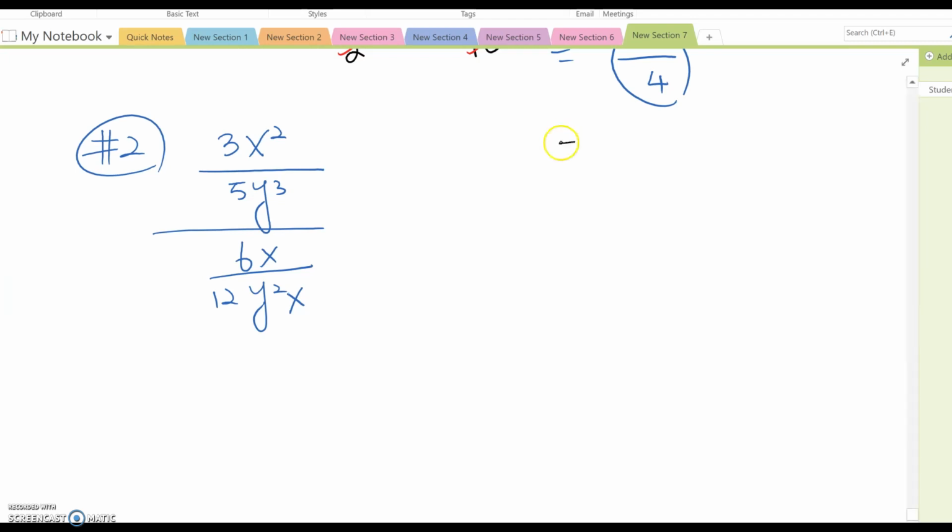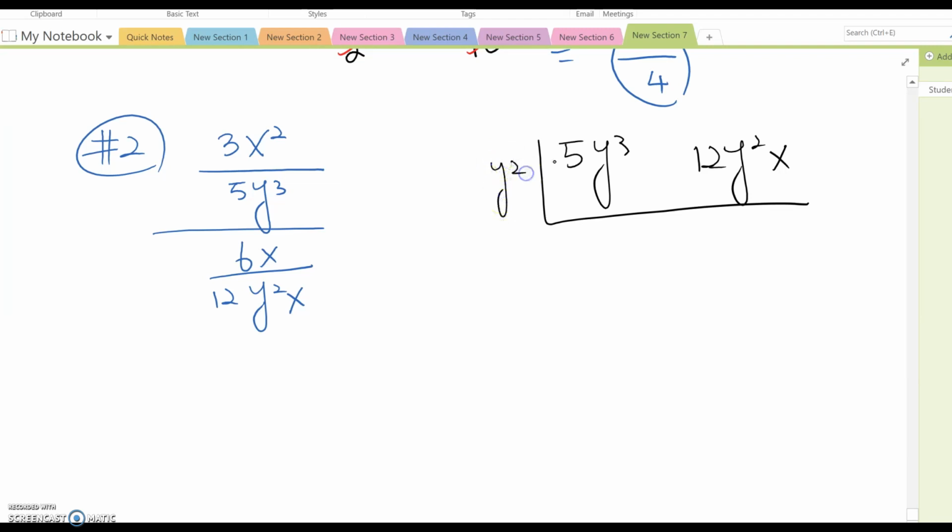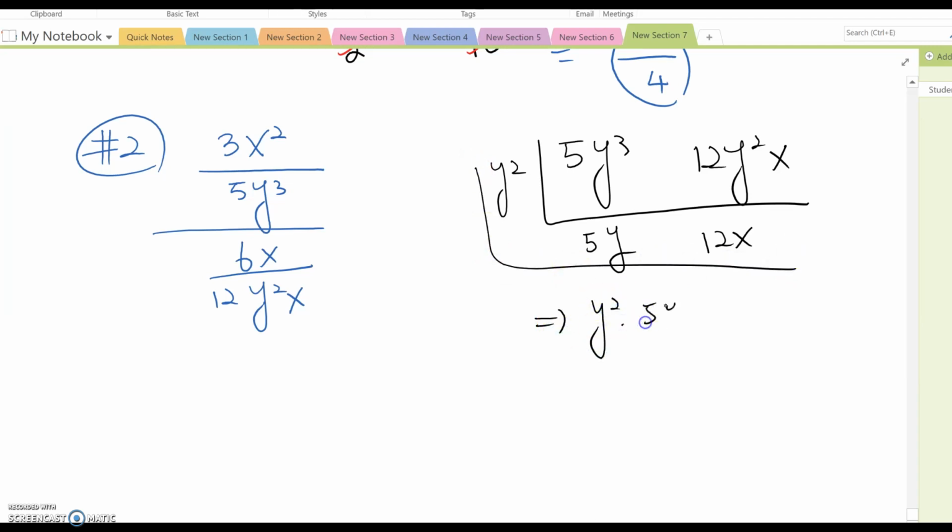The numerator's denominator is 5y cubed, and the denominator's is 12y squared x. We're going to find the LCD for those two fractions. The common factor is y squared. So this becomes 5y and then 12x, and there's nothing else, so you multiply them. Then this comes out as y squared times 5y times 12x, which means you can say 60xy cubed. That will be our least common denominator.